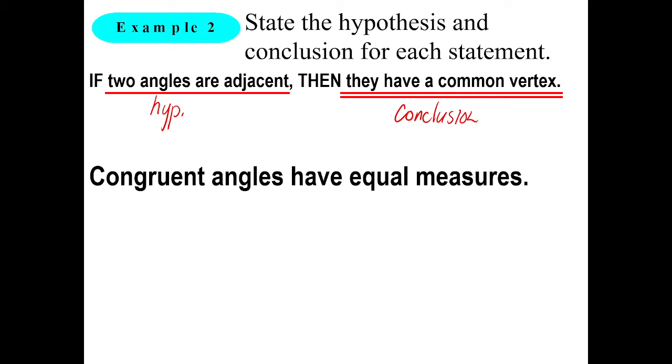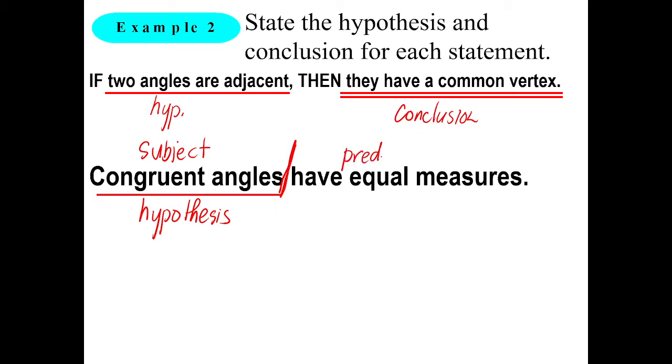So I look for the verb. The verb here is have. So the sentence is split into two parts. Congruent angles is the subject of our sentence, and this is the hypothesis. Okay? And the verb have, that is the predicate.